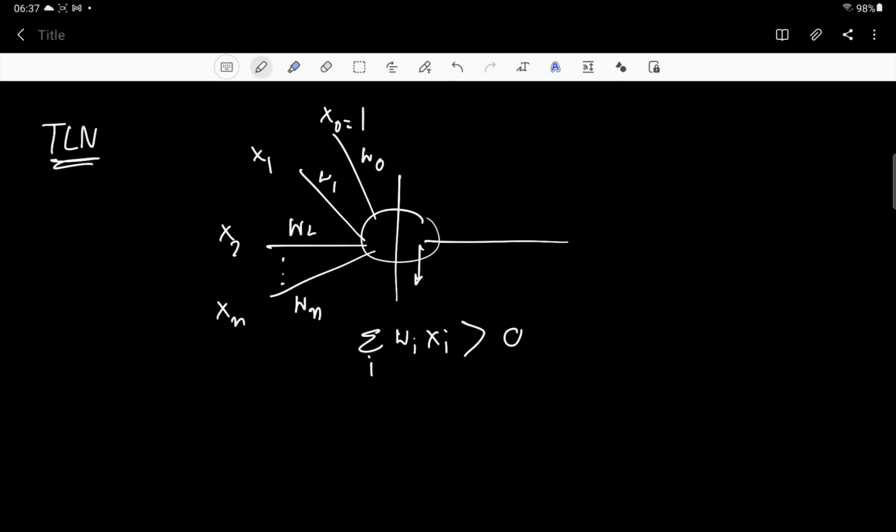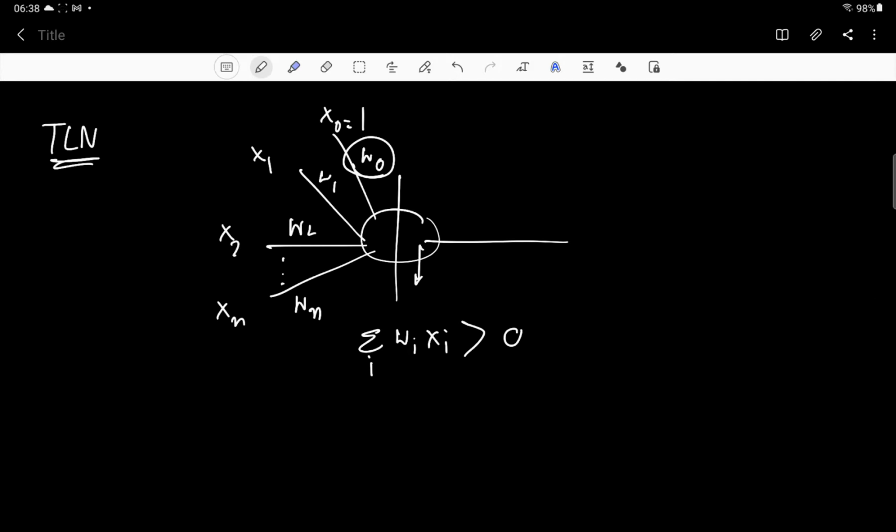So you have to know that once you sum all signals, or all inputs coming to this neuron, you have to sum them together, and you have to compare with some threshold. In this case, since we already added w0 to this part, we will compare it to 0.